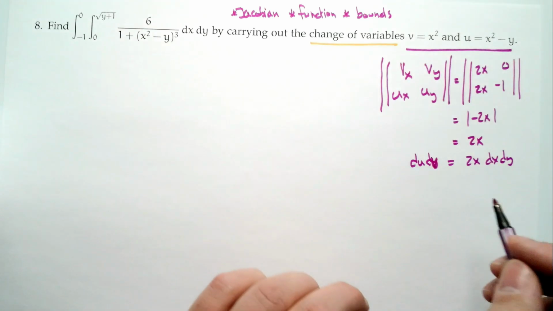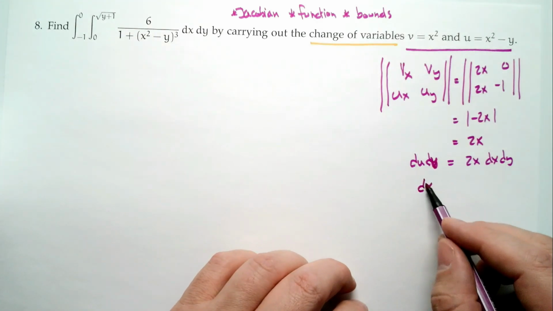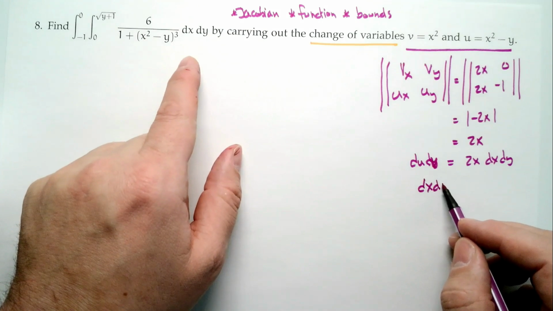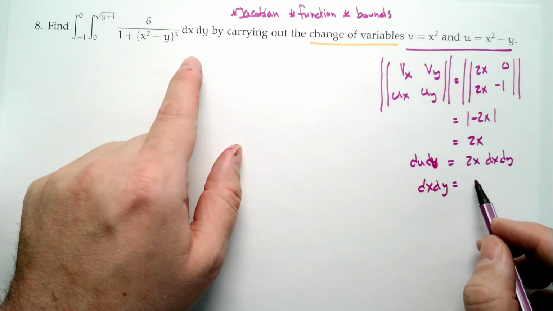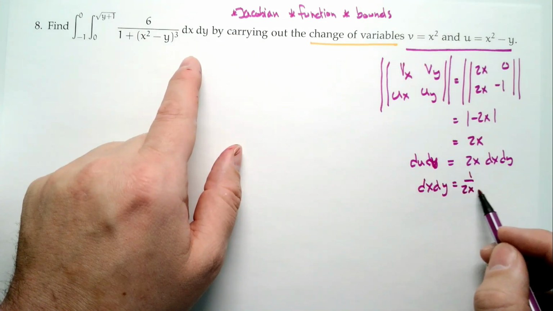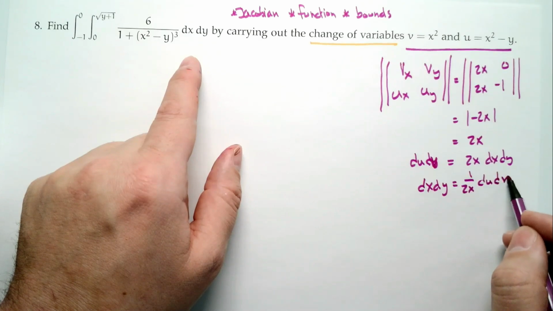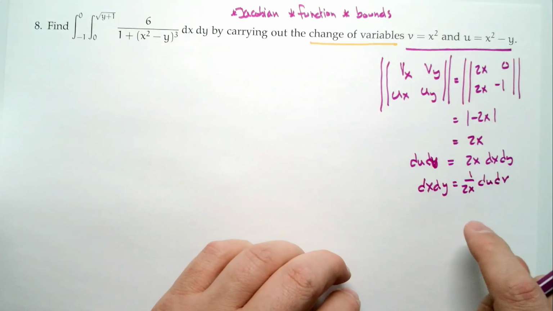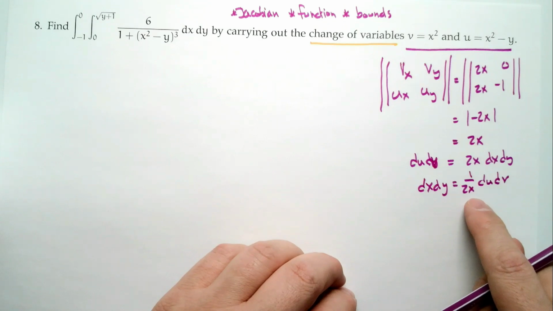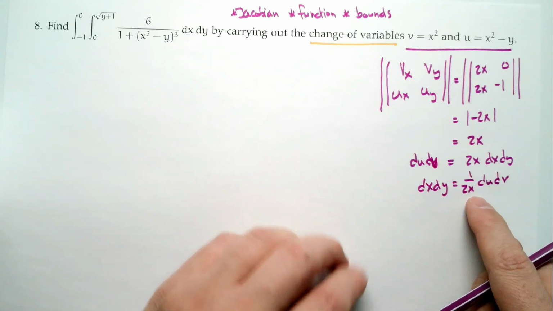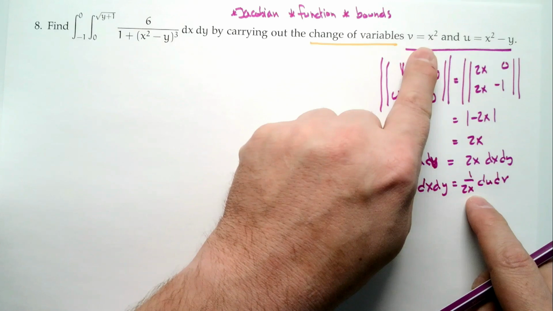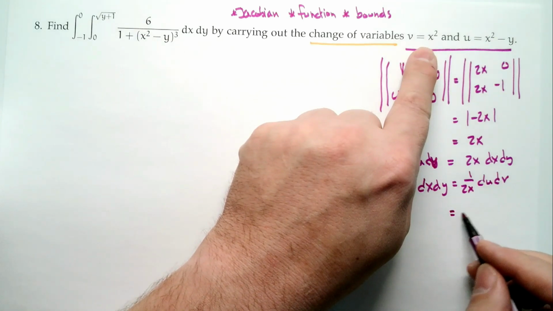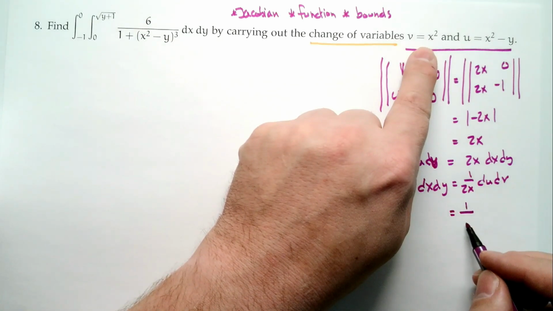The other thing you can do is say, since I don't have what I need right now, I'll just say dx dy is 1 over 2x du dv. And now you say, but wait a second, you're not allowed to have an x here. You're right, I'm not allowed to have an x here, but I can solve for x, and I can write that x is the square root of v.